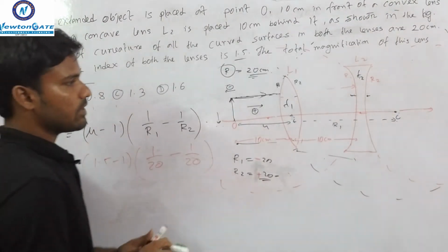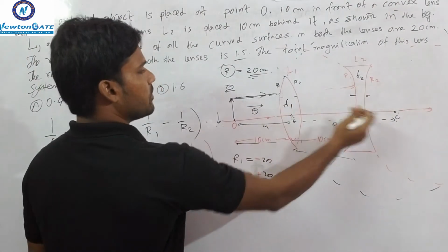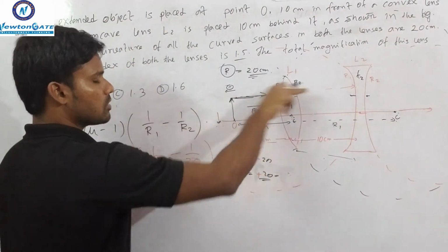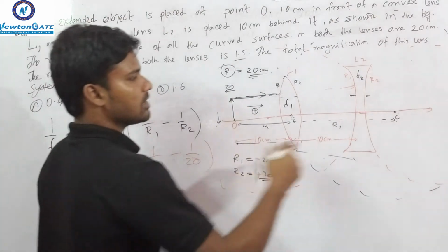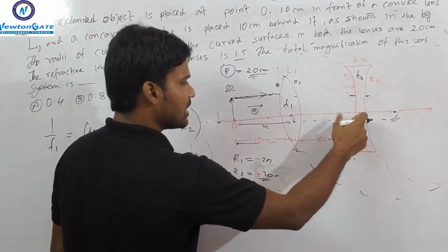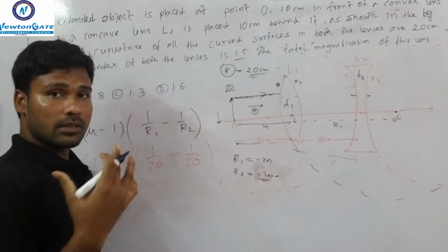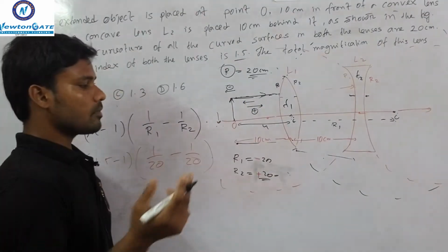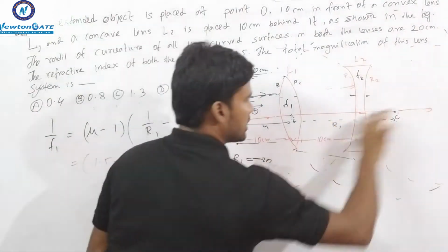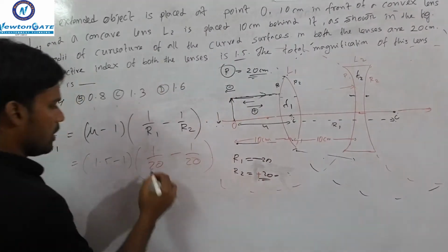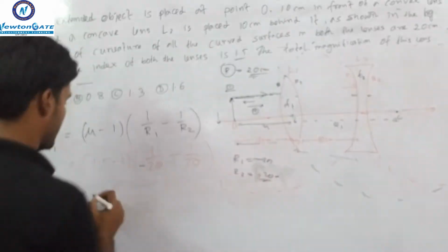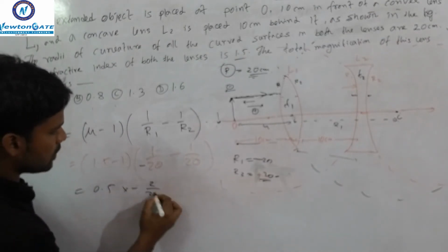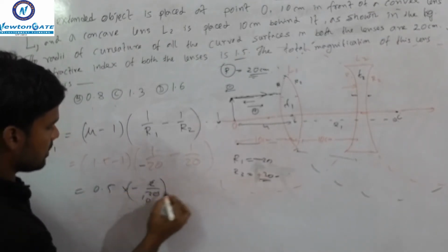So R1 is negative, that is minus 20, because we measure opposite to the direction of light, which goes in the positive x direction. And R2 is in the direction of light, so it is positive. So put the signs: 0.5 into minus of 2 into 20, that is 1 by 10.